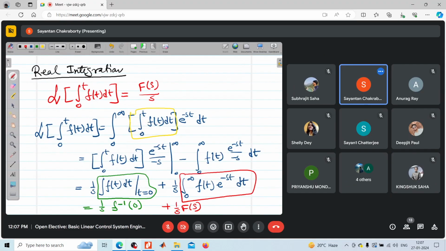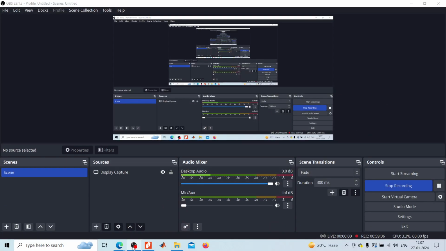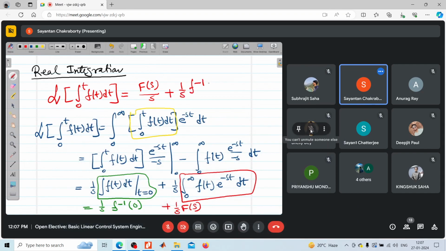So I should also mention this. So that is Laplace of integration f(t) dt.